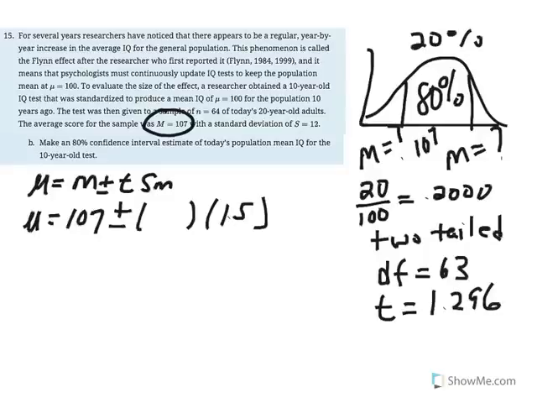So now we enter that into our equation, 1.296. And now we can solve for our estimated population mean, the range. So I'm going to erase some of these things to make room for my values.